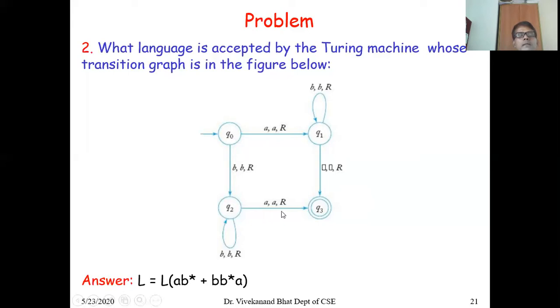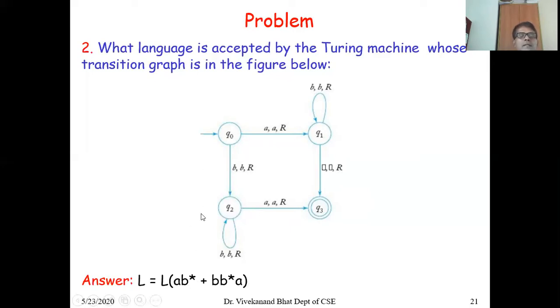And when it reads A, it moves to the state Q3, replaces A by A, and moves right. So this is represented by B star A. So this is the language accepted by this Turing machine, A B star plus B B star A.